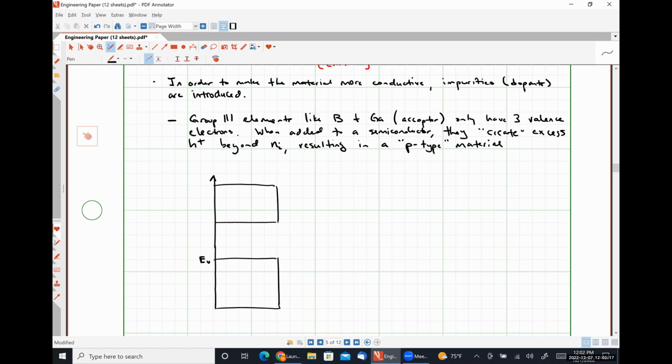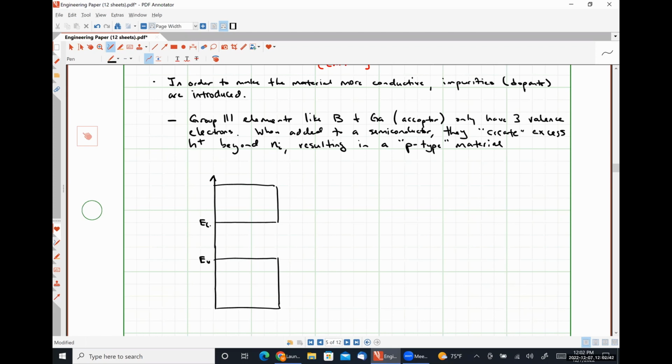Here is our conduction band down here. And then when we put the impurities in, what we are going to do is effectively introduce a new energy level that is somewhere inside that empty band gap, right?